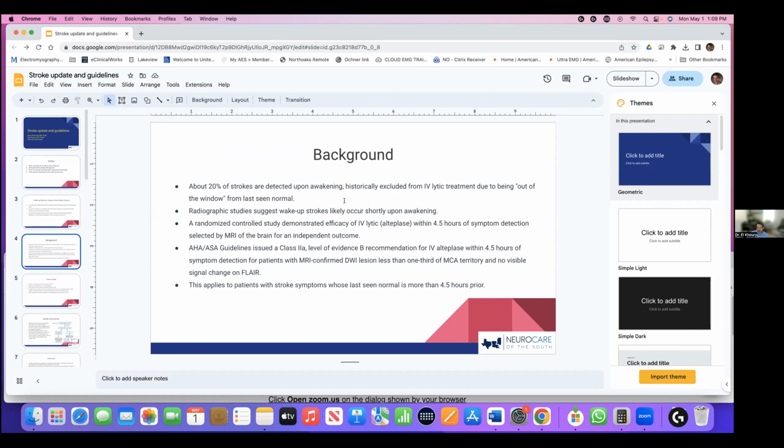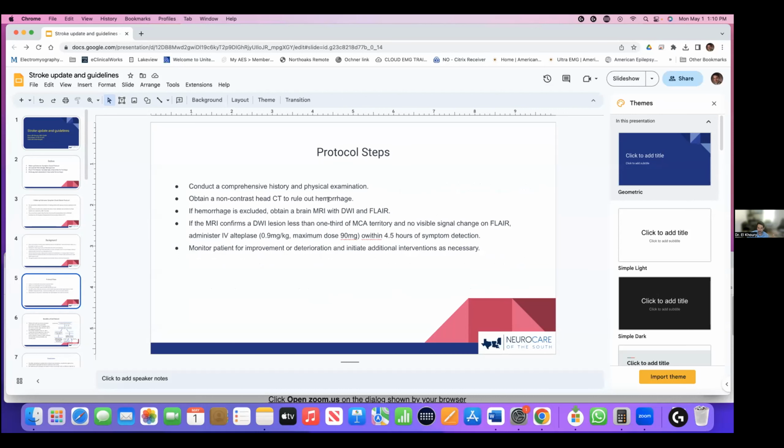A randomized study showed efficacy of IV TPA within 4.5 hours of symptoms detection, selected by MRI of the brain, for independent outcome. This applies to patients with stroke symptoms who were last seen normal more than 4.5 hours prior. So what do you do when you have these patients?